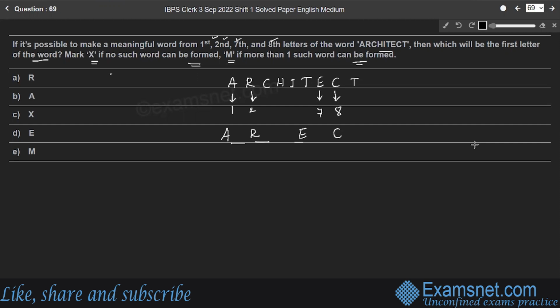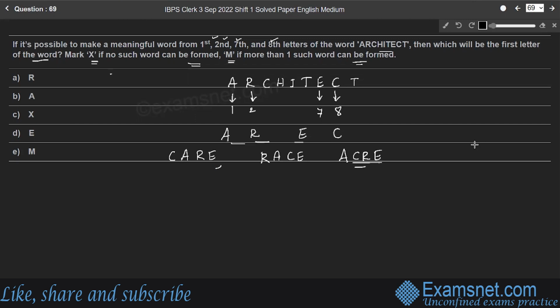So let us try. Here A, R, E, C. So we can make CARE, C-A-R-E, one word. And RACE, another word can be formed, and ACRE. Acre is also a word formed using these four letters.